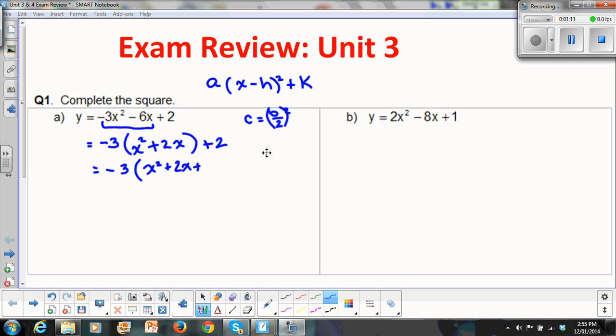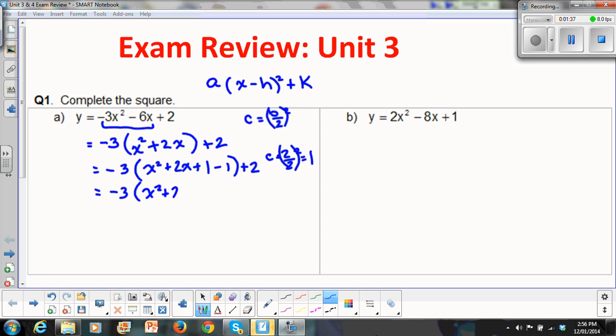So in this case, our c value is 2 over 2, which is 1, all squared, which is 1. So we're going to add in a 1 and subtract a 1 in brackets, not out of the brackets yet. Because the factor of -3 is there in front, we're not really adding 1 and subtracting 1. We're really doing that times -3.